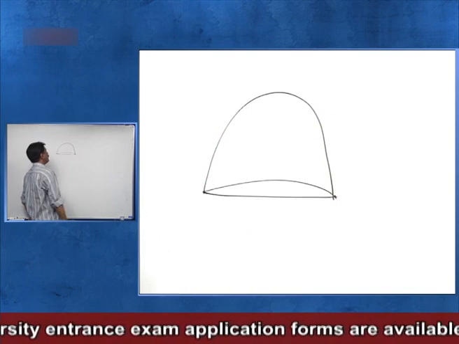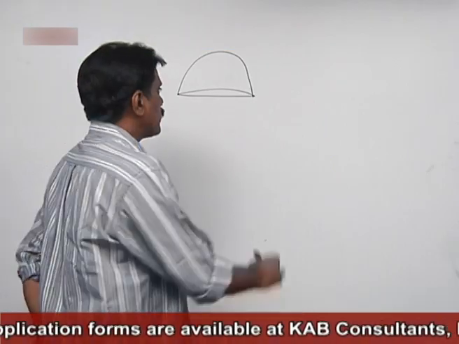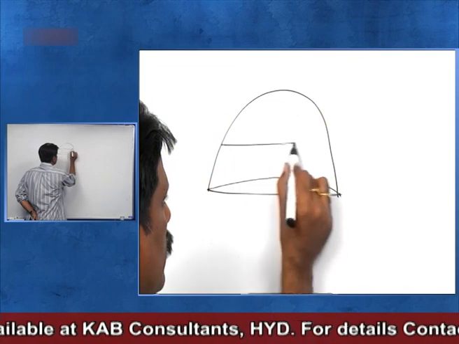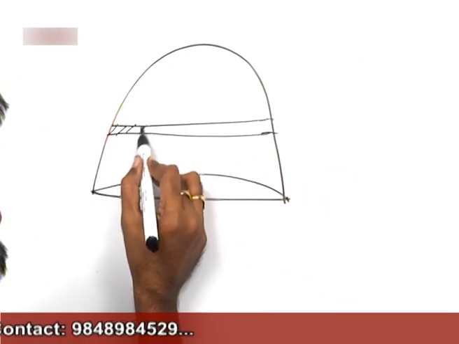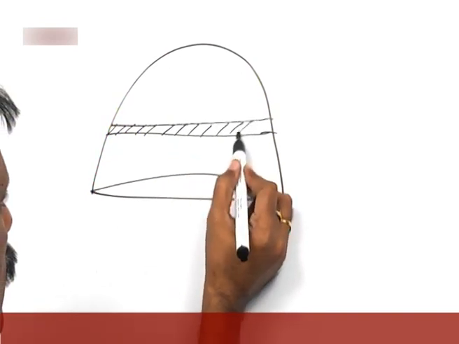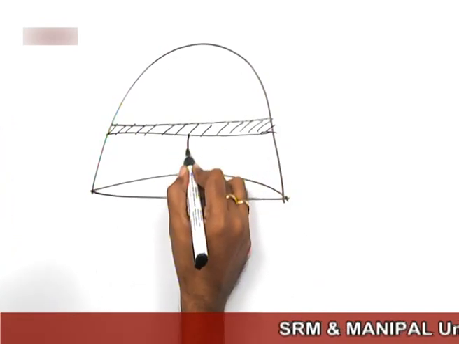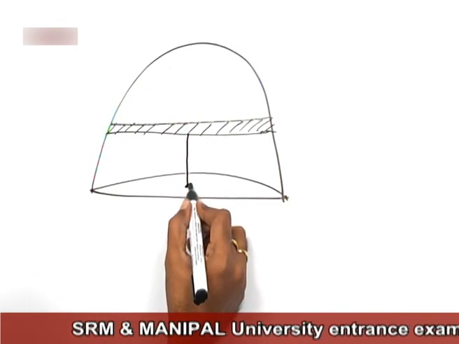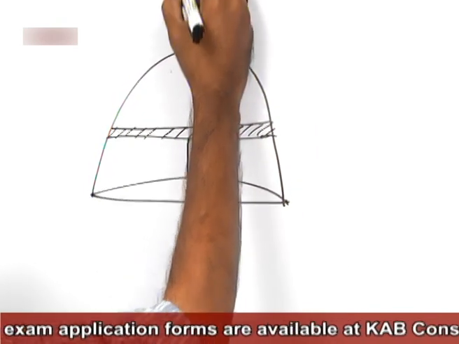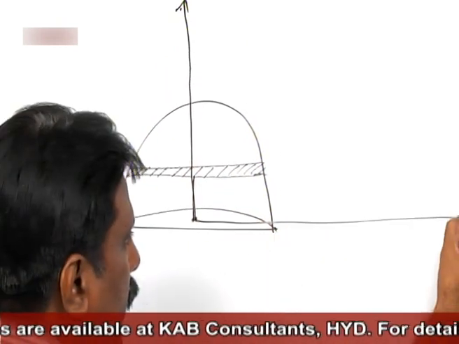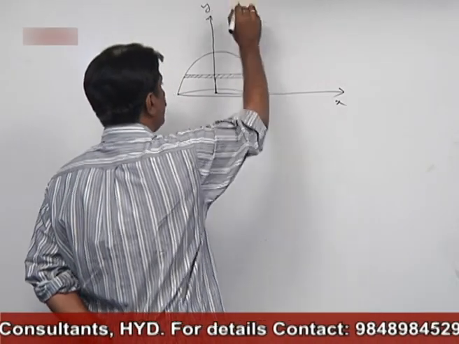To calculate the center of mass of the hemisphere, first you choose an element and select the axis in the same way as you did previously.